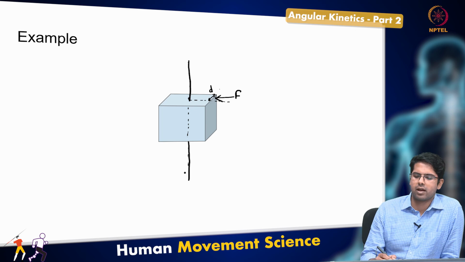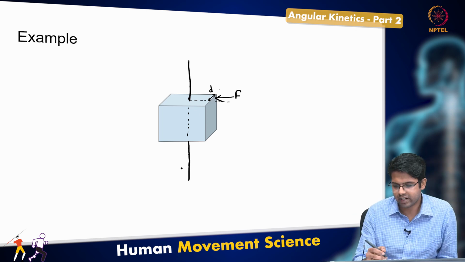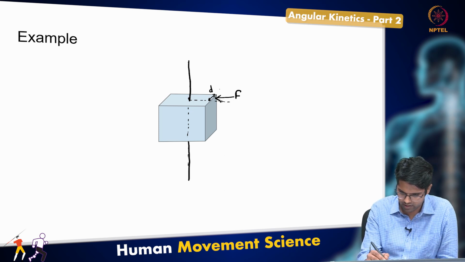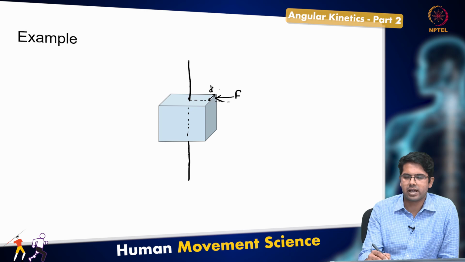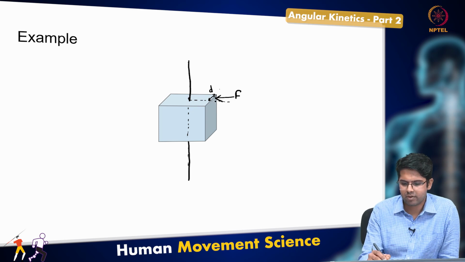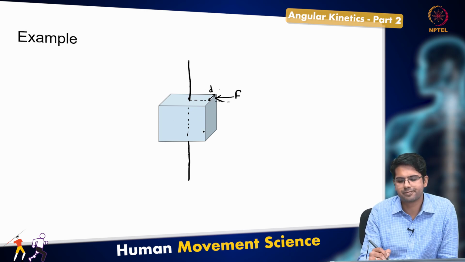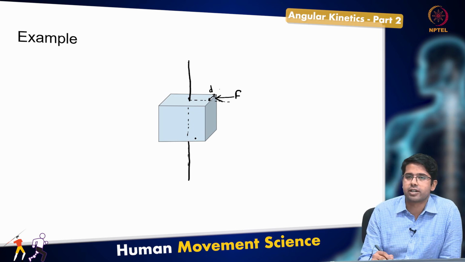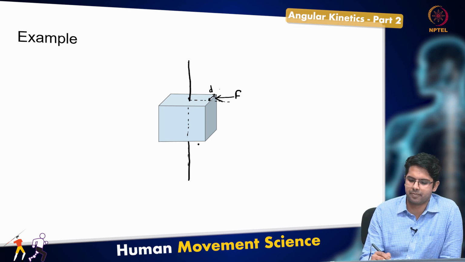Okay. Now, from previous experience, you might know that if you applied this force at a certain distance, which is the eccentricity we talked about, you will start rotating this object. Let's say I'm interested in finding with what angular acceleration this body will start rotating at this given instance.